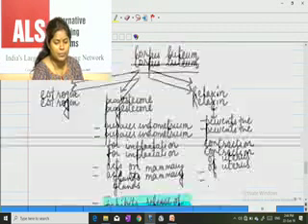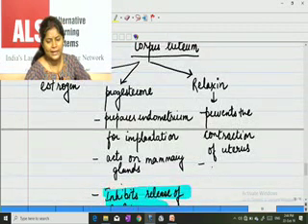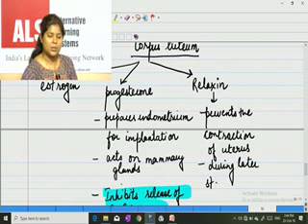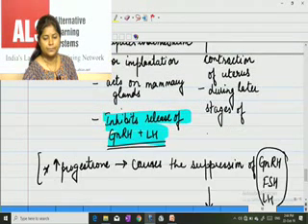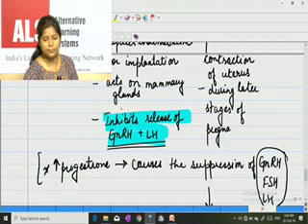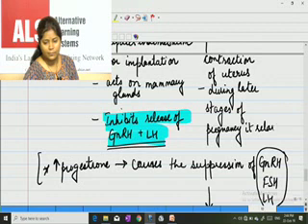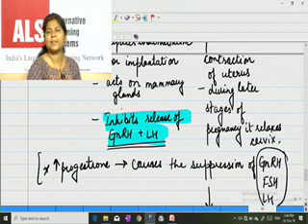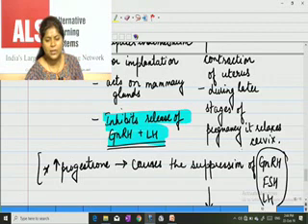Number 2, during later stages of pregnancy, it relaxes the cervix, that is the birth canal. So it makes the process of childbirth easier.